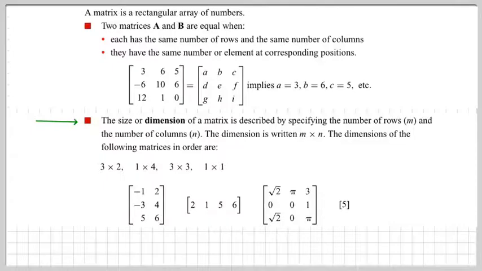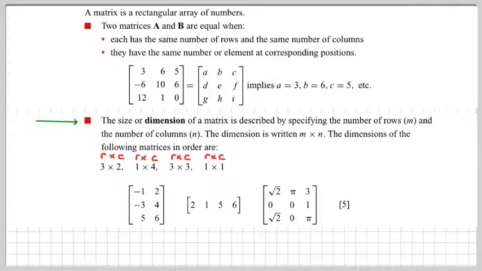Next point. The size or dimension of a matrix is described by specifying the number of rows and the number of columns. This dimension is written as M by N, rows by columns. The dimensions of the following matrices in order are 3 by 2, you get that? 3 rows, 2 columns. That's row by column.